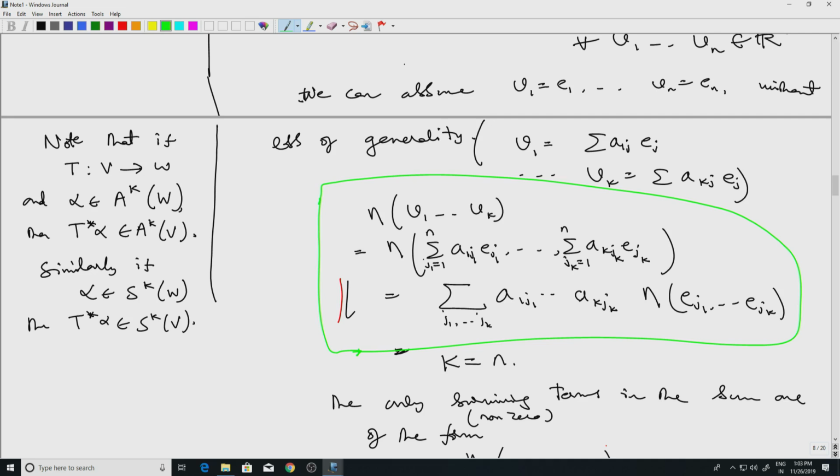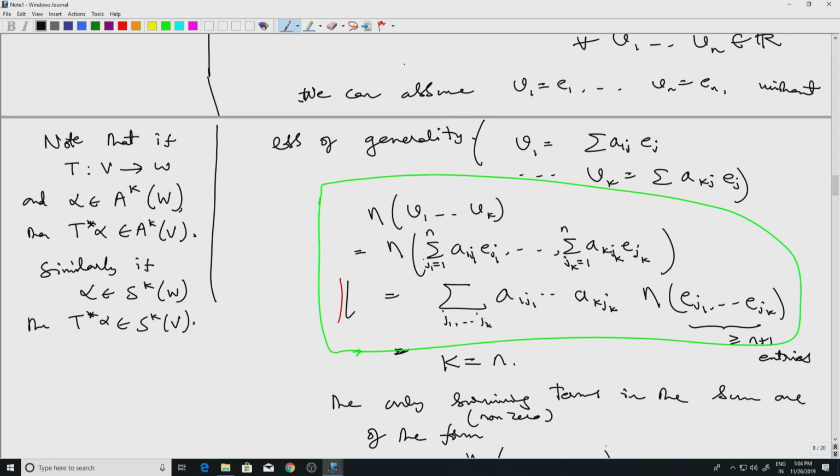Now, if the number of variables k is bigger than or equal to n plus 1, then here there would be at least n plus 1 entries inside the brackets.